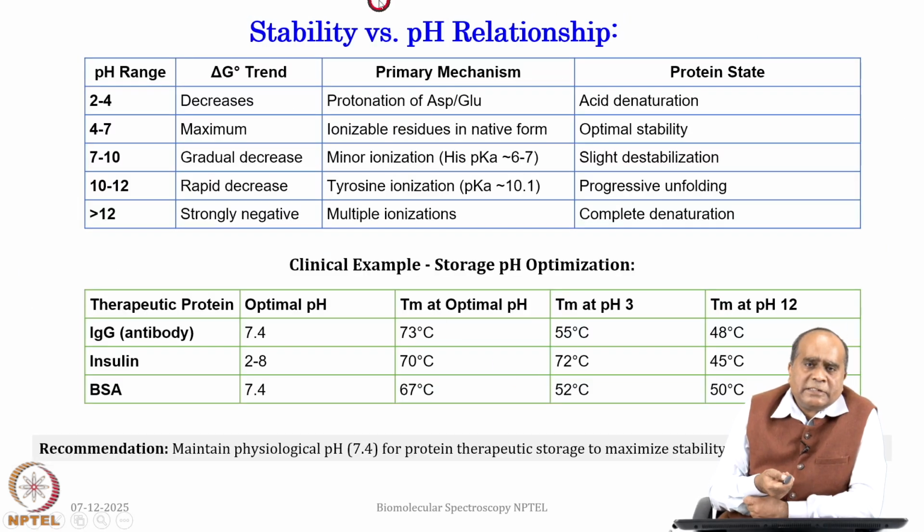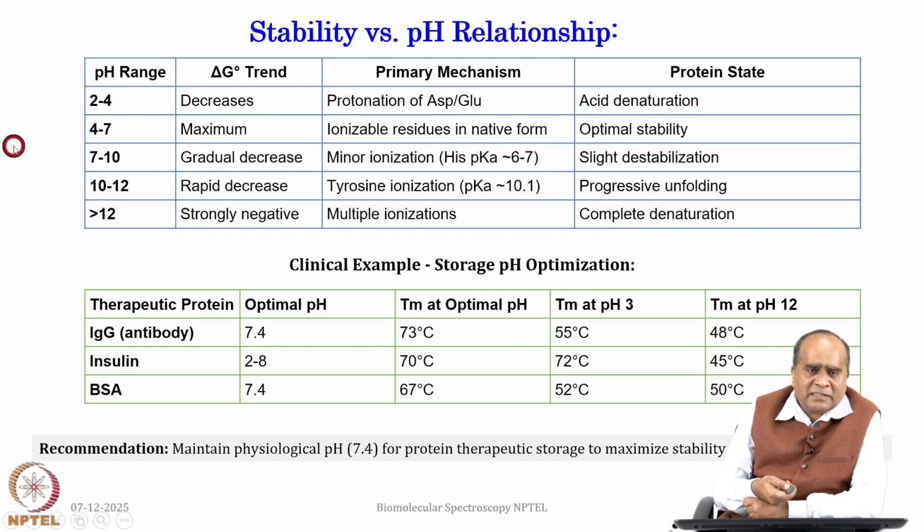For the stability versus pH relationship, from pH 2 to 4 it decreases, 4 to 7 it is maximum, 7 to 10 a gradual decrease, 10 to 12 a rapid decrease, and after 12 it is strongly negative.